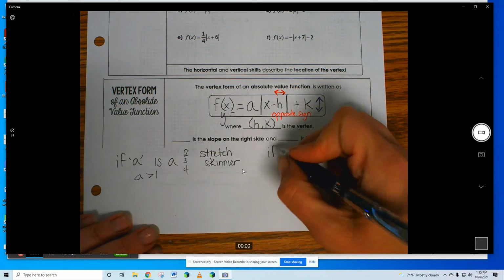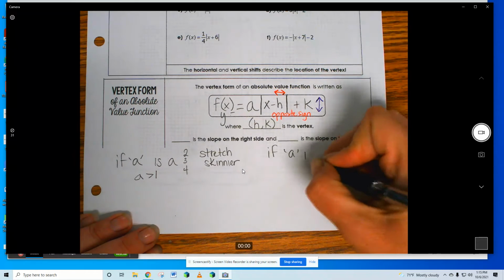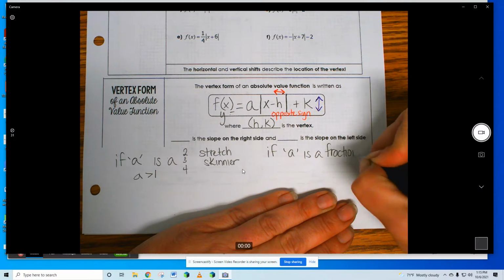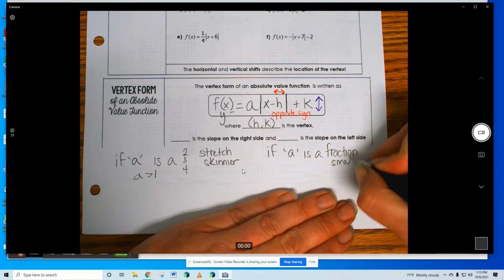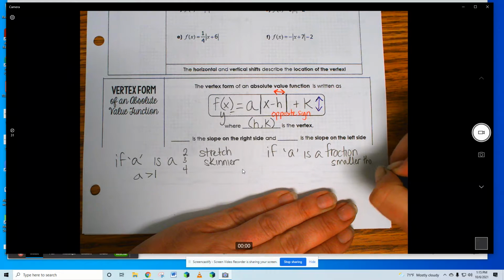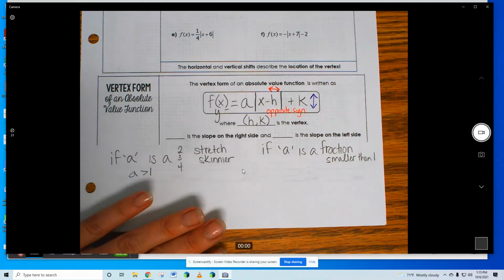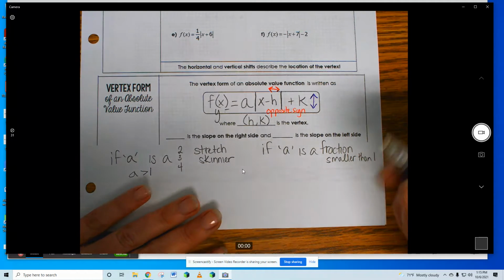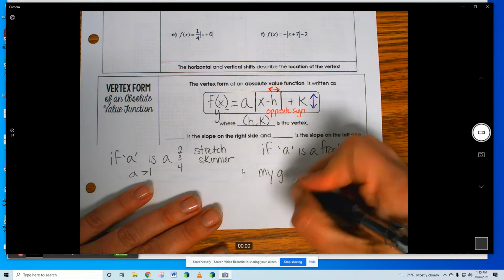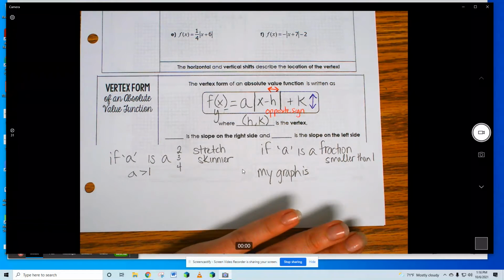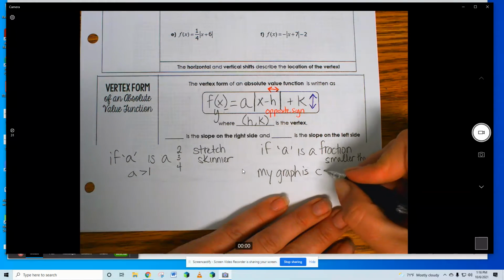If a is a fraction smaller than 1, my graph is, and the word is compression, compressed, like pushed down, pushed out.